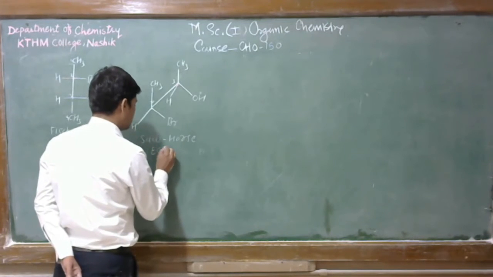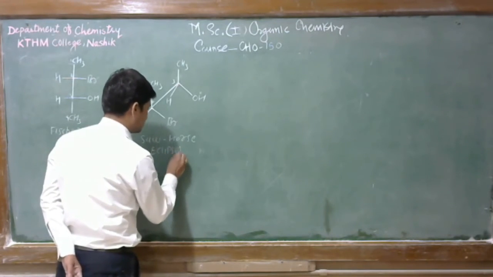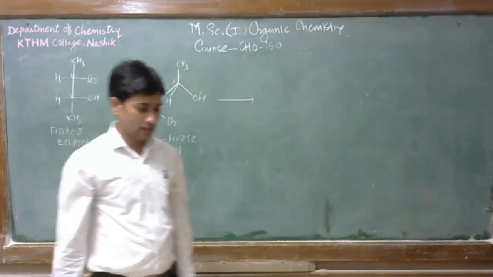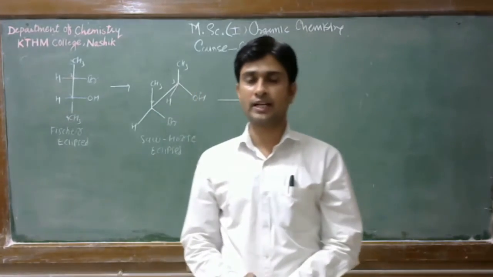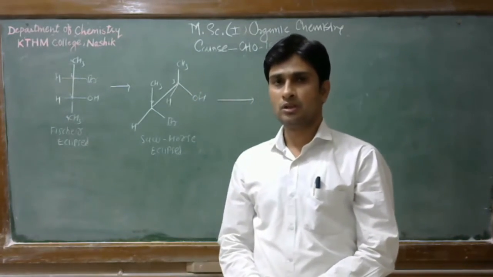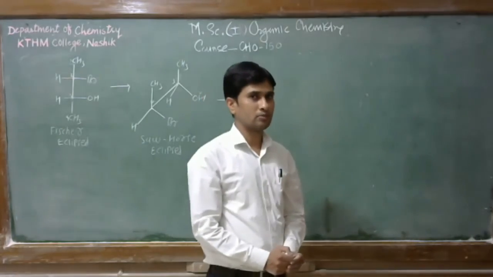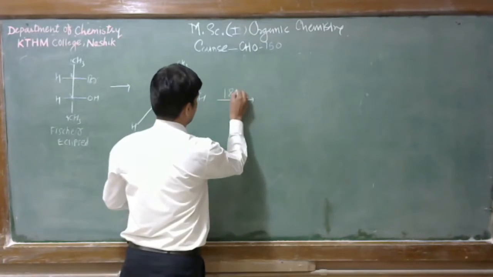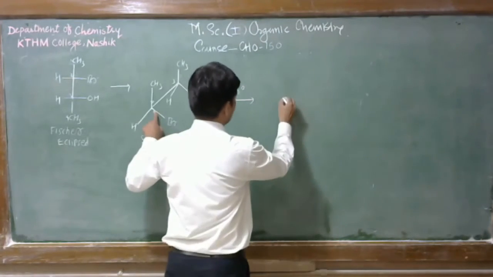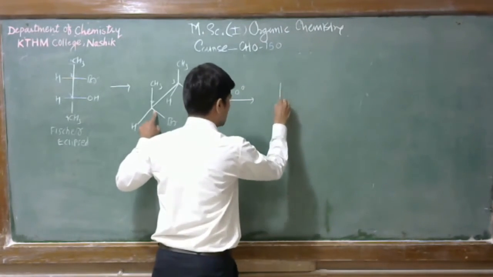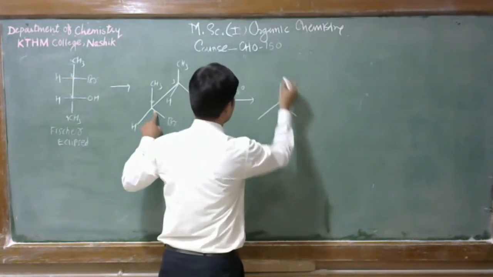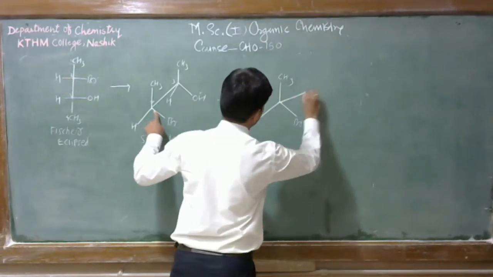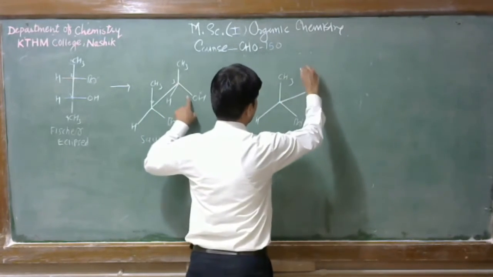Firstly, this eclipse Sawhorse projection formula is converted into the staggered projection formula. To convert the eclipse projection formula into the staggered projection formula, we have to rotate the single bond between carbon number 2 and carbon number 3 by 180 degrees, and after rotation you get this. This is carbon number 2, this is CH3, hydrogen, bromine, and it will be like this.